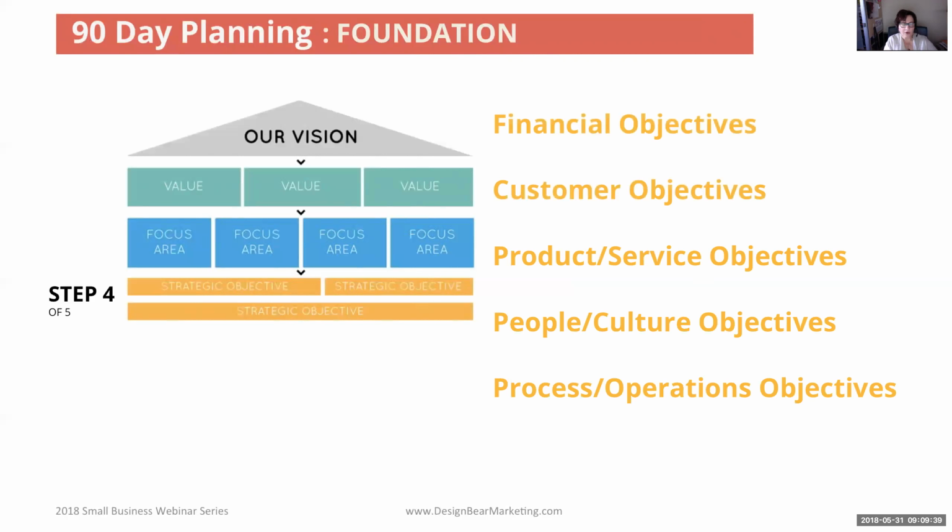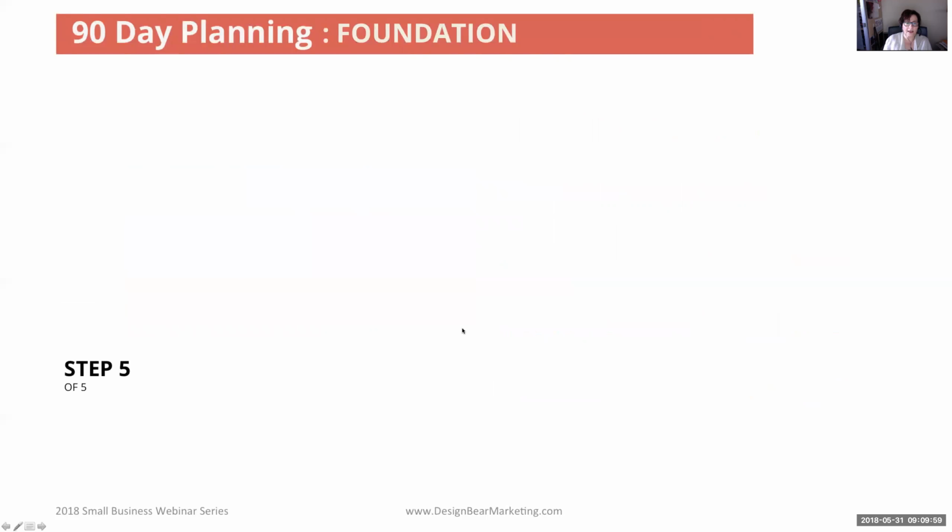How are you dealing with your customers? Is the product good? Is it solving that problem? And then your people and your culture are critically important. Are you training them? Do they understand all the other things that we're just talking about? And then your process and your operations. So these are strategic things that every year you probably review and decide if they're working.